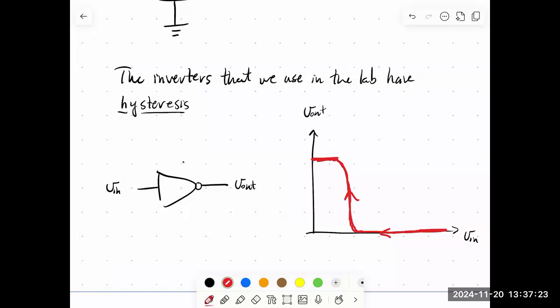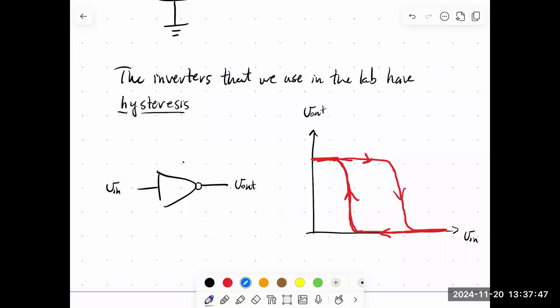But what hysteresis means is it doesn't follow this exact curve. Actually, the transition from high to low occurs at a different voltage. So as I decrease the input, I will eventually get a low transition, but that occurs at a different voltage.